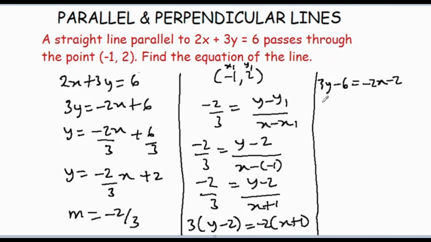So let's rearrange this, let's collect like terms. So 3y plus 2x equals negative 2 plus 6, and this is going to give us 3y plus 2x equals 4. So this equation, 3y plus 2x, is parallel to 2x plus 3y equals 6.